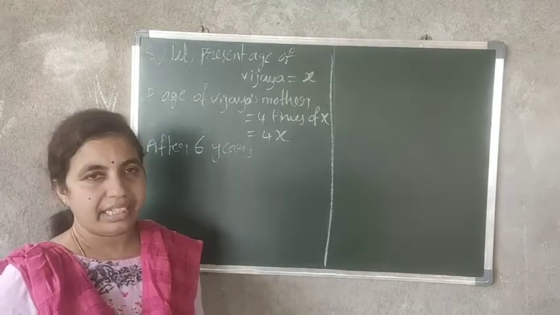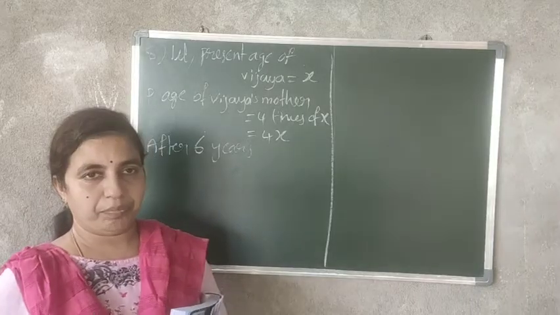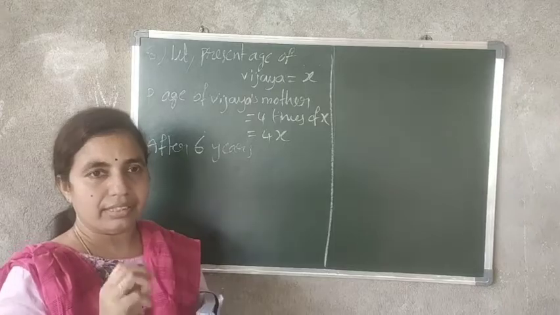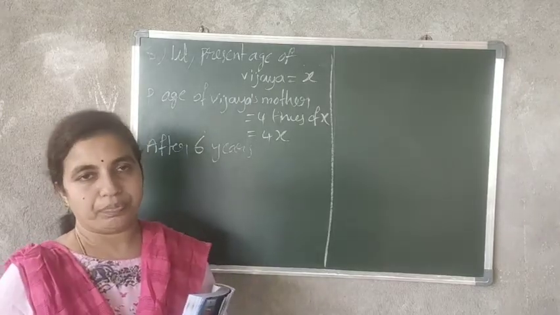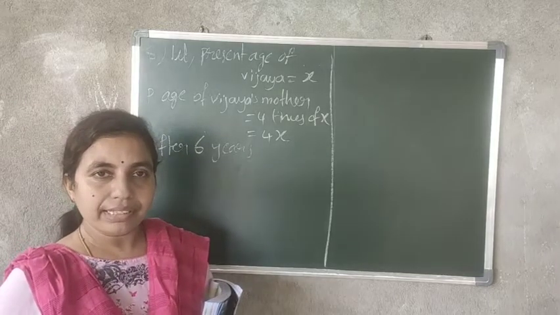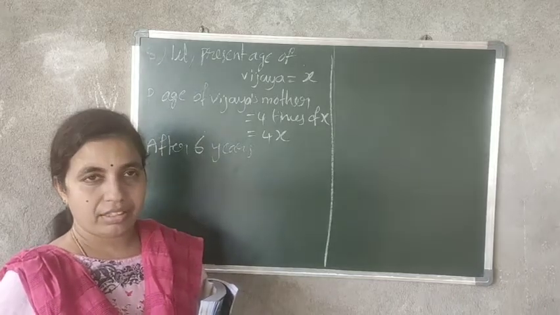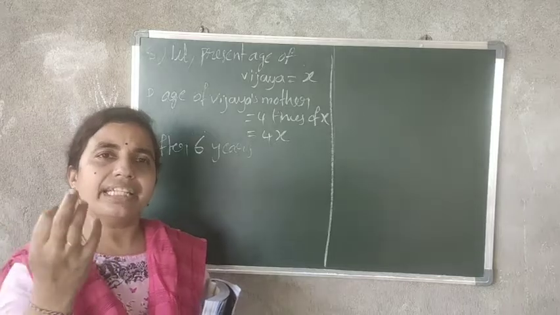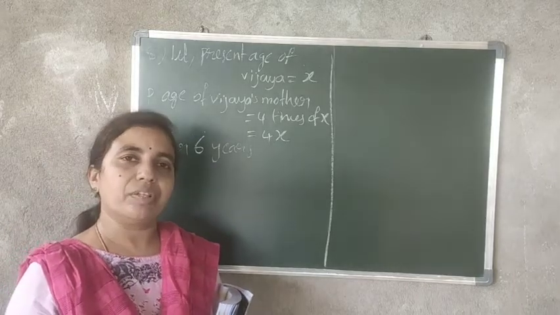If I ask what your age will be after 5 years, what will you do? You should add those years. Present age is 13, so after 5 years, your age will be 18 years.